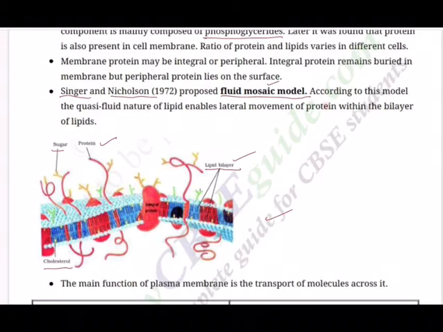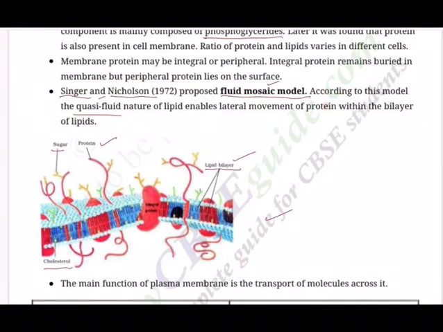This fluid mosaic model of plasma membrane was proposed by Singer and Nicolson. According to this model, biological membranes are semi-fluid or quasi-fluid structures in which lipids and intrinsic proteins are arranged in a mosaic manner.